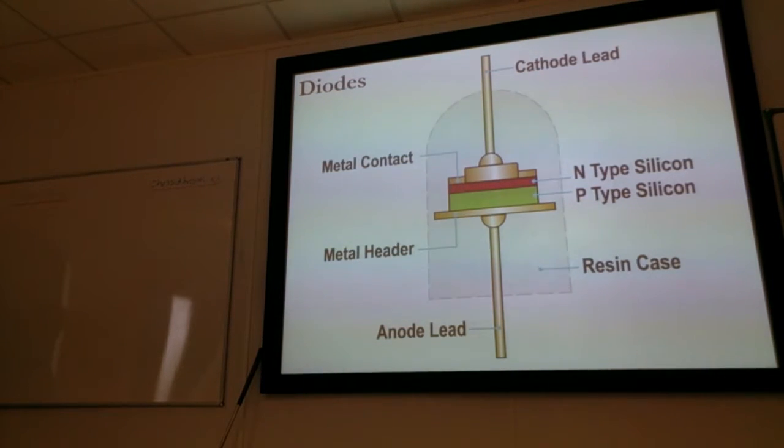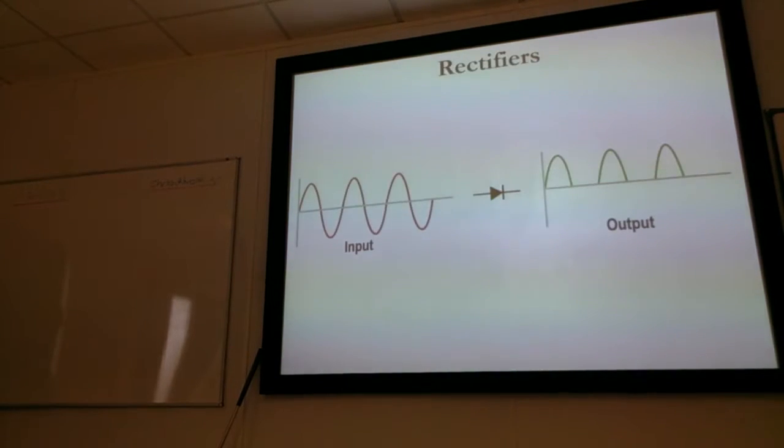Well, if you've got a diode, you've got the beginning of a rectifier. What you do with that is you take an AC output and you put it through a diode, and because it's only allowing flow one way, what you get on the other side is just positive peaks of electricity. You've binned the negative. You're not allowing those to flow back.